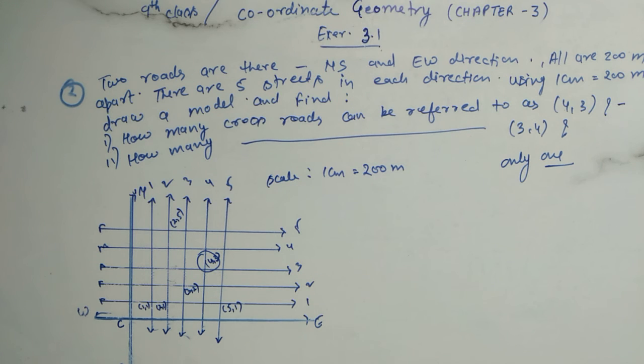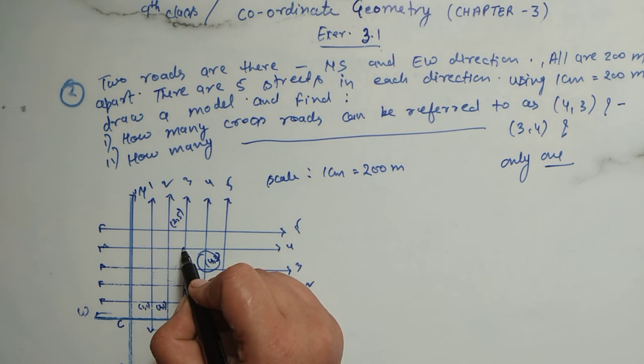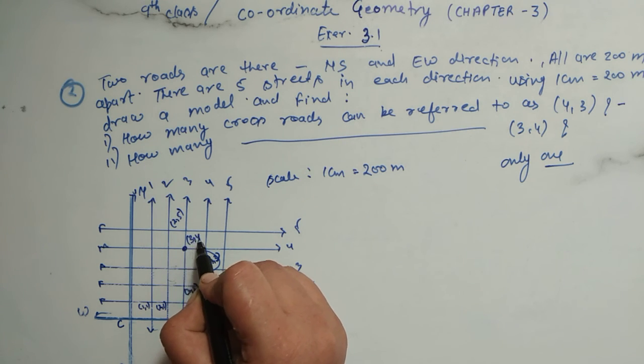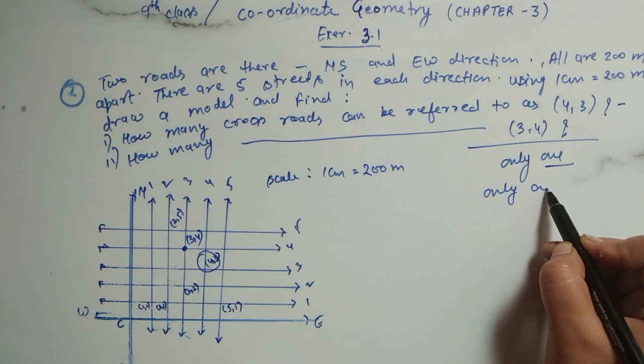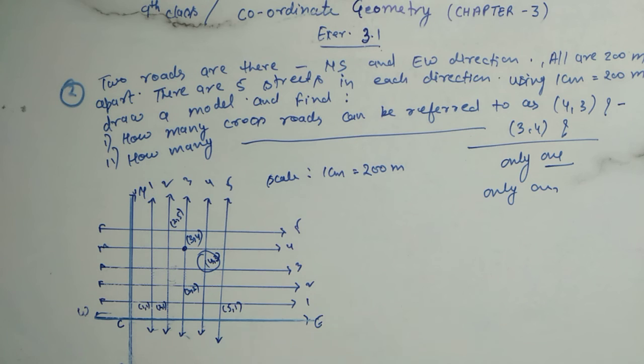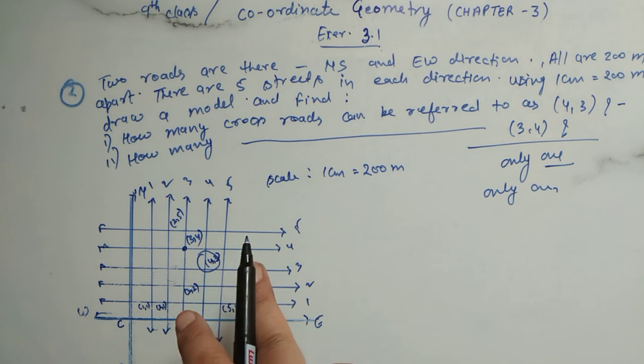Now our next question is how many cross streets can be referred to as (3, 4). It is the same 3 and this 4. This is the point, (3, 4). So for the second one also, the answer is only 1. For each and every point there is only one different number.